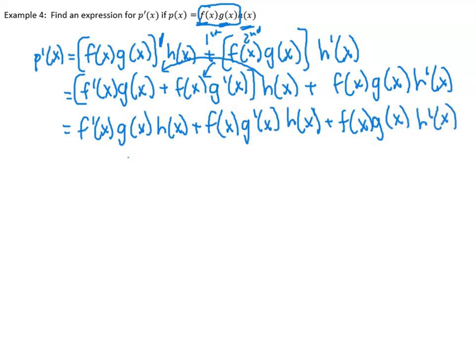So if you look at this pattern, you multiply all three of them by each other, but in the first term, you differentiate the first expression. In the second term, you differentiate the second, and this one is h prime. So that's going to be our formula for differentiating anything greater than 3 products, like 3 things multiplied by each other.